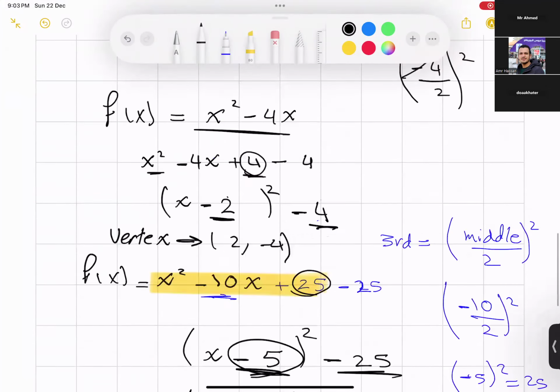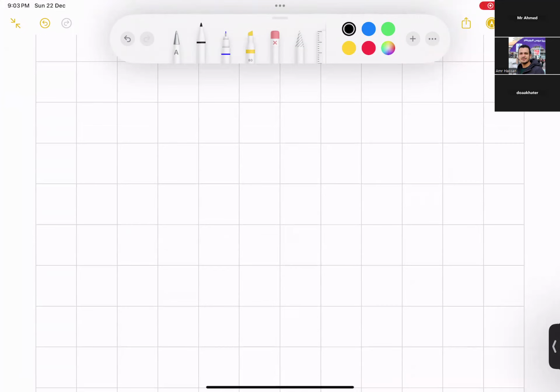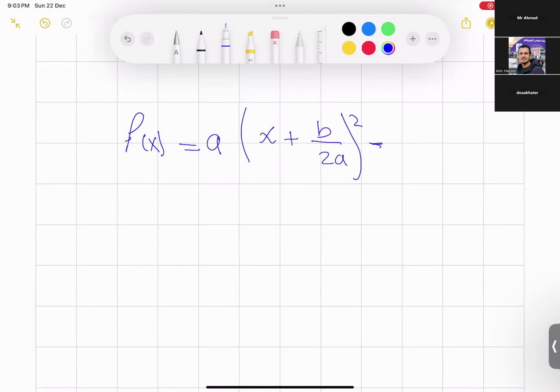But honestly, I have another way. I'm not quite sure if you'd like it or not, but I'm going to show you. This way helps us to get it. It looks much easier, but this one depends on keeping a rule. This rule enables you to get it immediately. Let me show you. This one is called the canonical. So it sounds like a(x plus b over 2a) power 2 minus (b squared minus 4ac) over 4a.